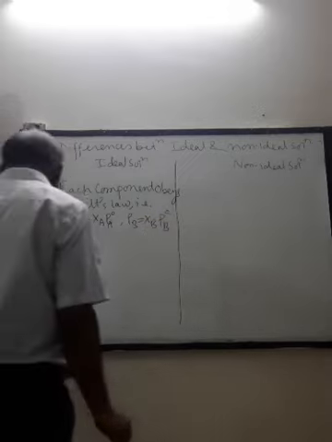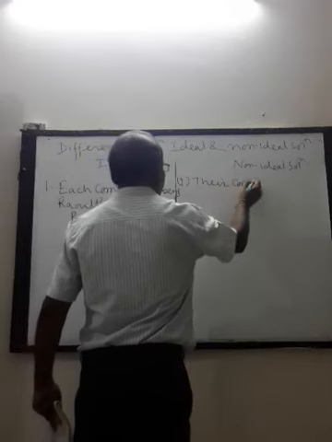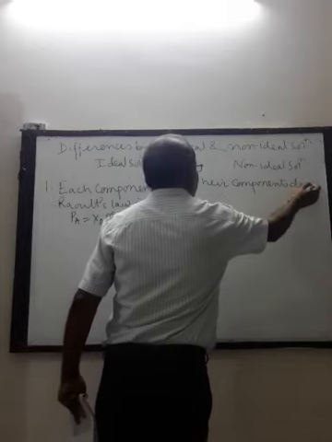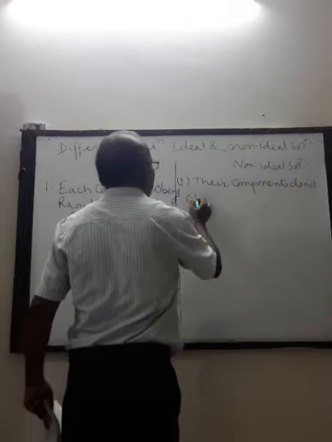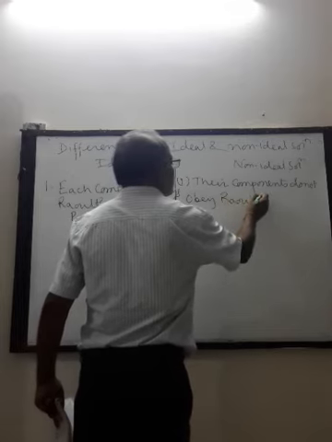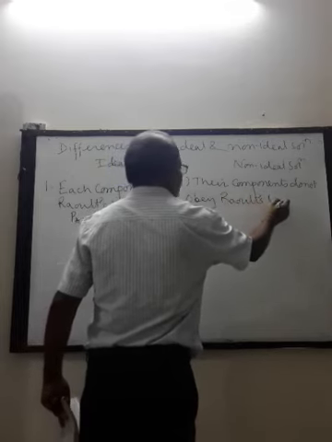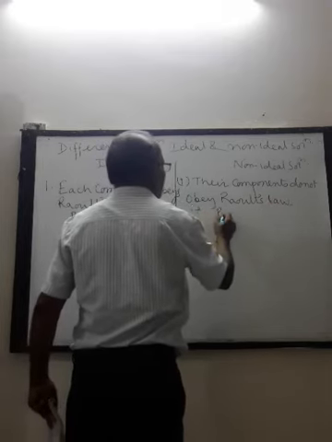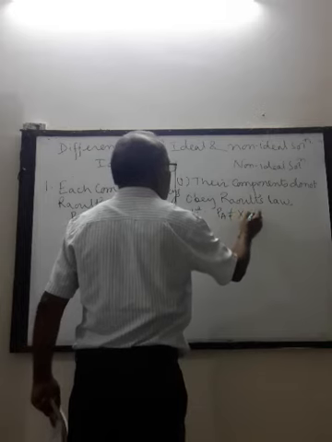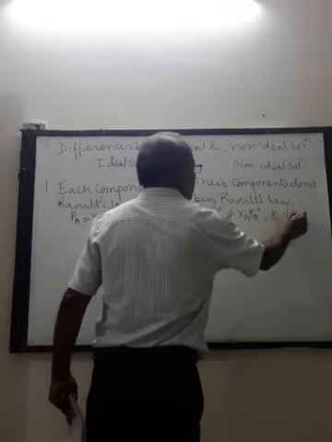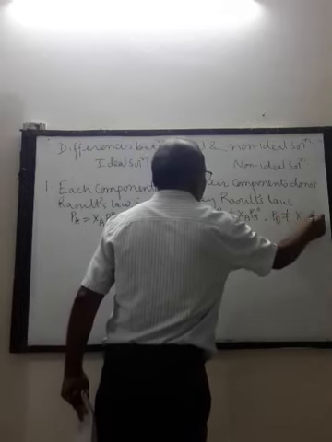Here, in non-ideal solution, their components do not obey Raoult's law. That is, PA not equal to XA PA naught, and PB not equal to XB PB naught.